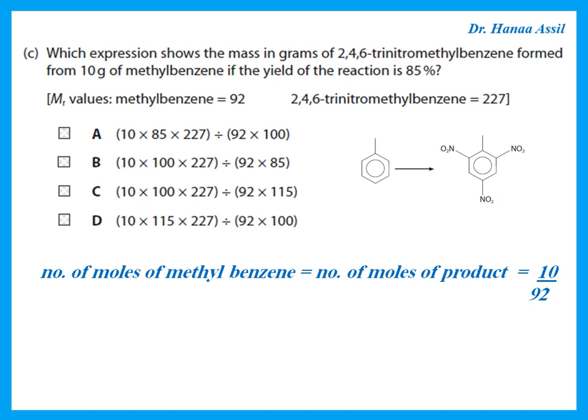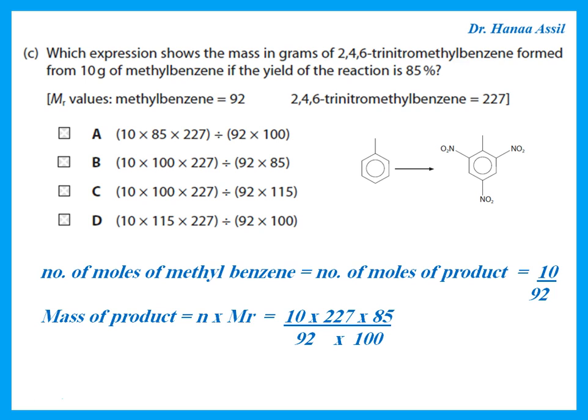And then we determine the mass. This will be the same as the number of moles of the product. 1 mole gives 1 mole. So that is the same as number of moles of the product. And then the mass of the product will be that times its MR. So he's not looking for the final answer. He's just looking for what are we going to do. So this is our answer.